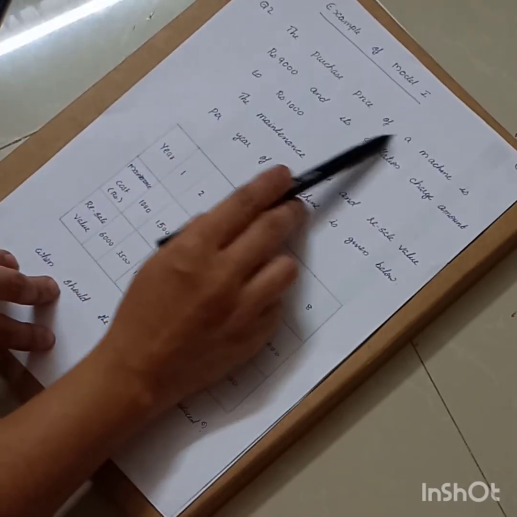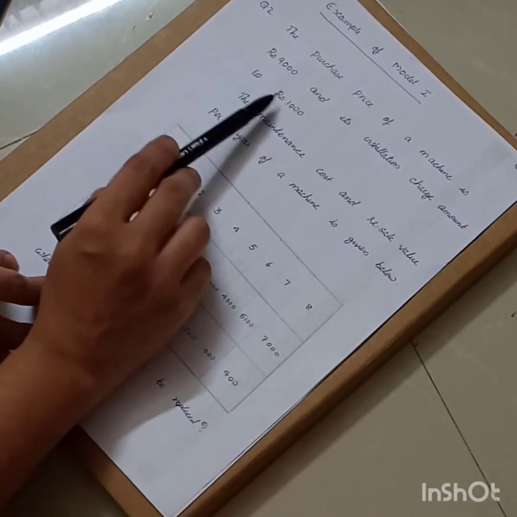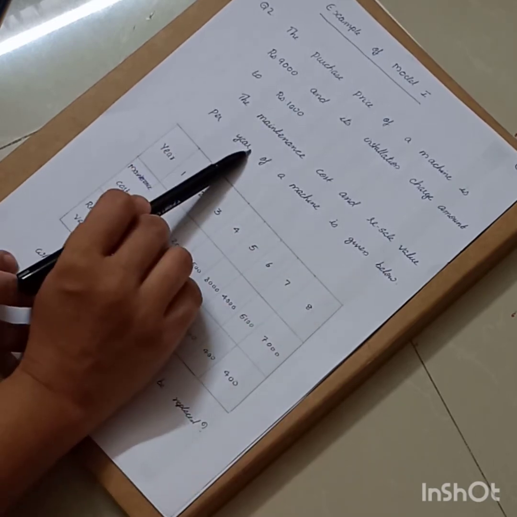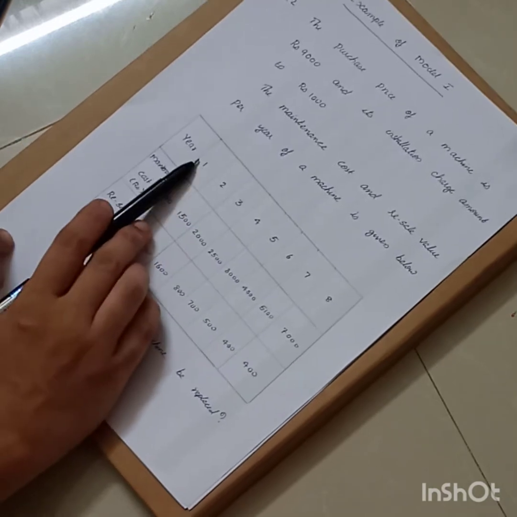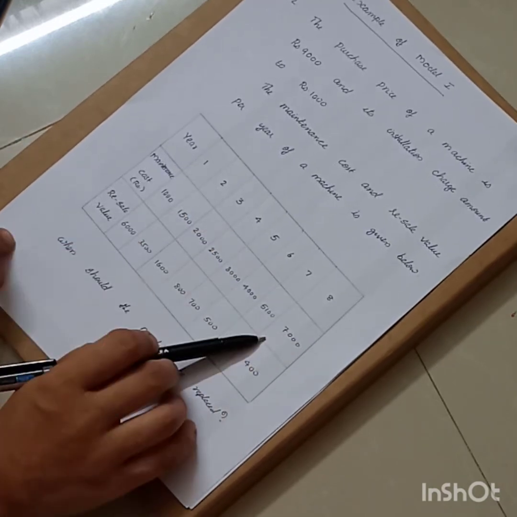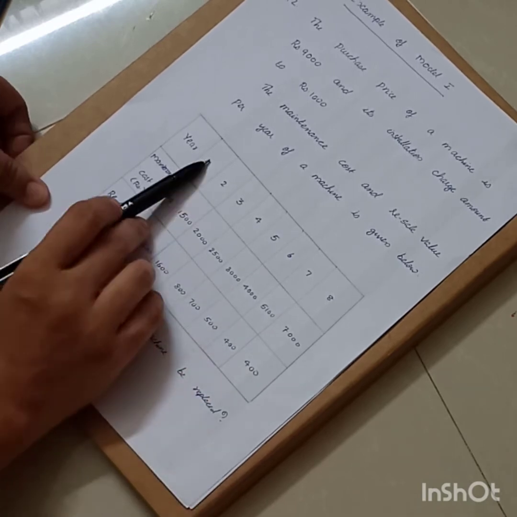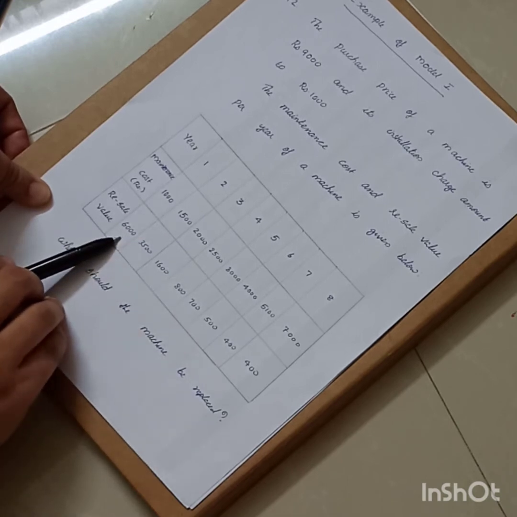The purchase price of a machine is rupees 9,000 and its installation charge amounts to rupees 1,000. The maintenance cost and resale value per year of the machine are given below. You have 8 years, then the maintenance cost and a different resale value for each year. For the first year the maintenance cost is 1,000 and its resale value is 6,000.